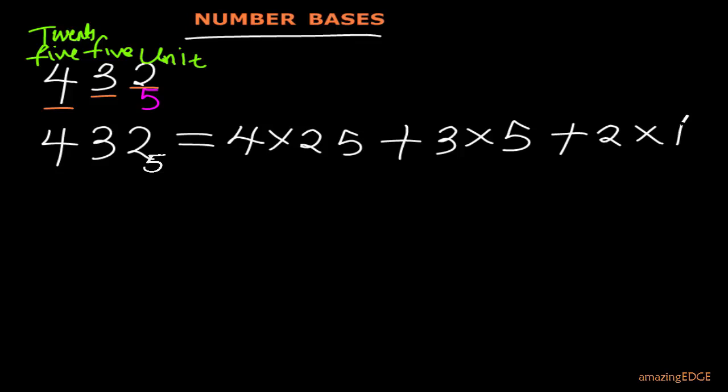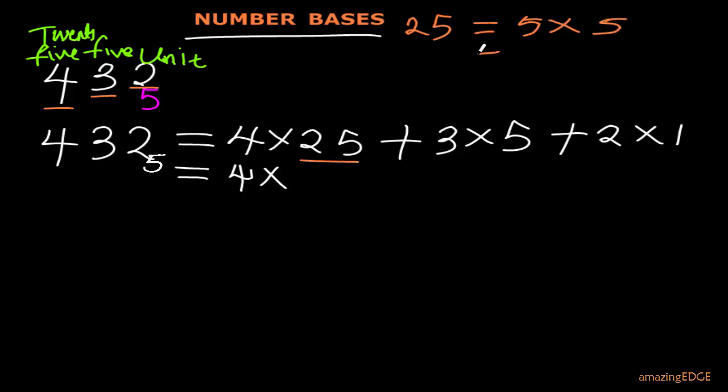We can go further to expand. Here the law of indices will help us. We still have our 4 times 25. But remember, we are counting in 5. We know that 25 is the same thing as 5 times 5, and by the law of indices, this is the same thing as 5 squared.